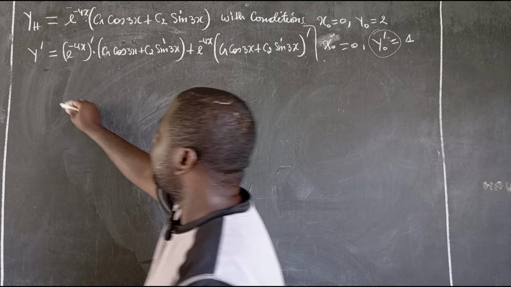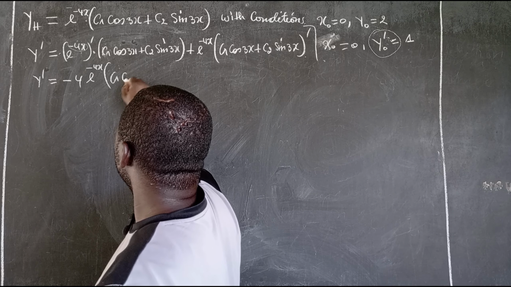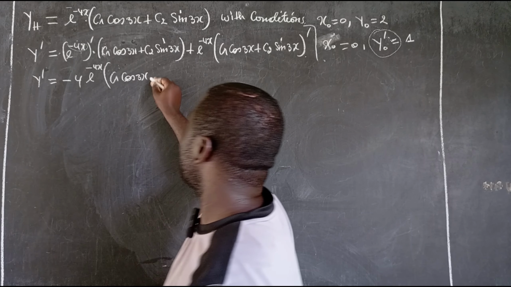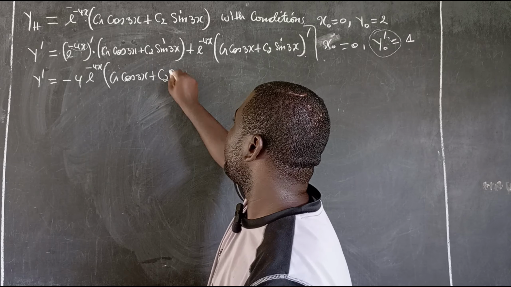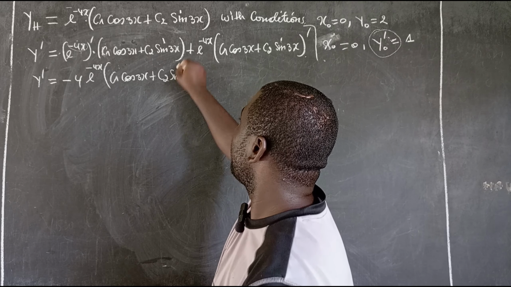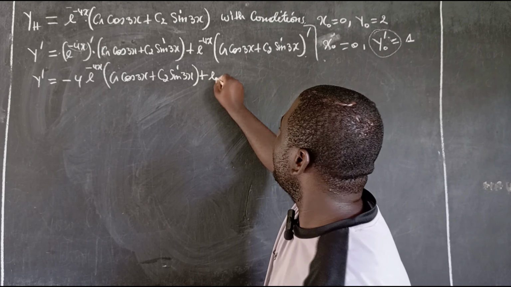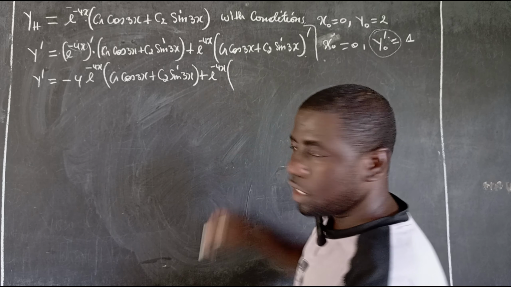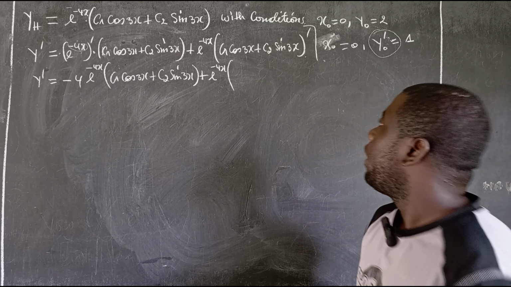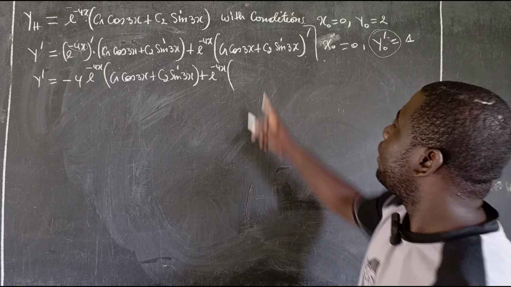The derivative of e power negative 4x will be negative 4, so we have negative 4 e power negative 4x (C1 cosine of 3x plus C2 sine of 3x), plus e power negative 4x times the derivative of the bracket.